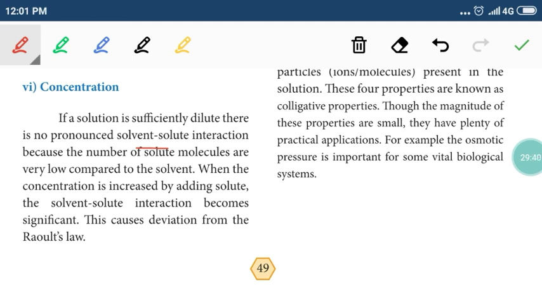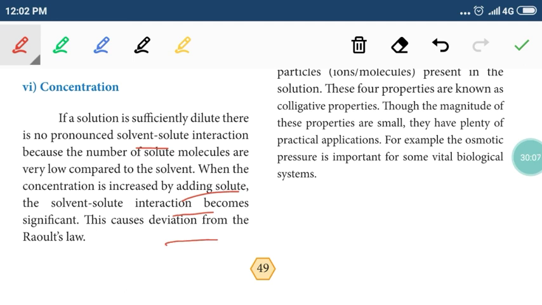Or if you increase the concentration by adding more solute, the interaction between solute and solvent will be more. So by diluting or by increasing the concentration, we disturb the intermolecular forces of attraction between solute and solvent. This will disturb the ideal behavior, and there is a deviation of a solution from ideal behavior into a non-ideal solution.